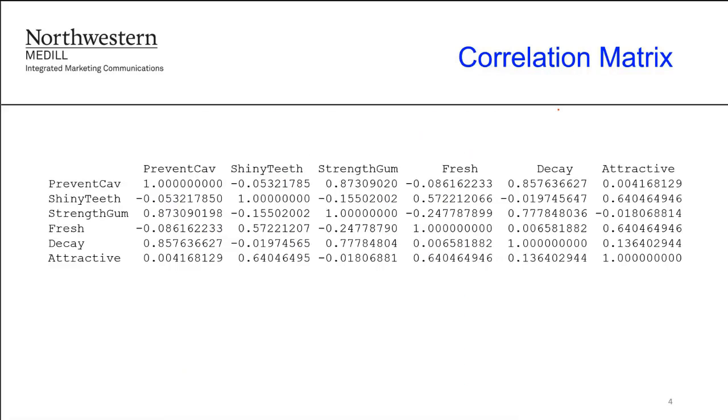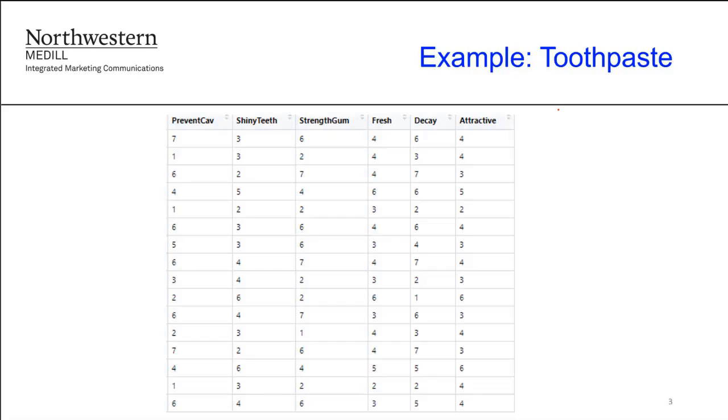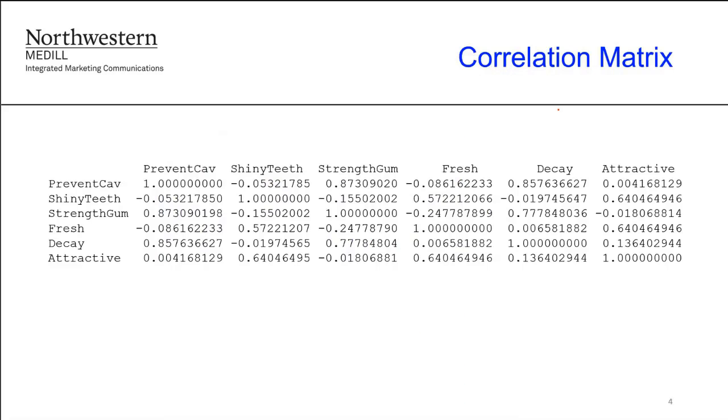Again, the main input for the factor analysis is the correlation matrix. First you gather this data from the survey, and then you have to convert the raw data into the correlation matrix. We know what the correlation matrix is.